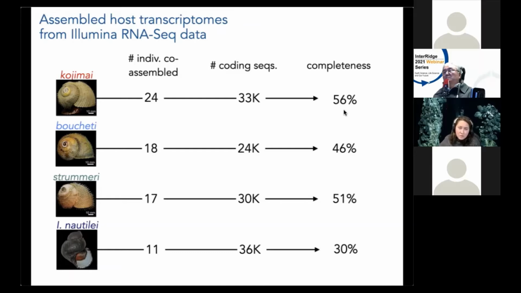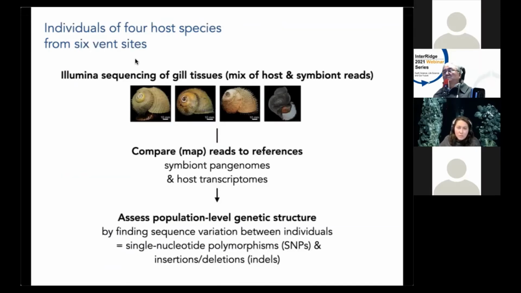So then what we could do is take individuals of these 4 host species from these vent sites, and we can sequence, using Illumina sequencing, the gill tissues of these animals, which is a mixture of both host and symbiont reads. And then we can take the reads from all of these individuals and map them to these references.